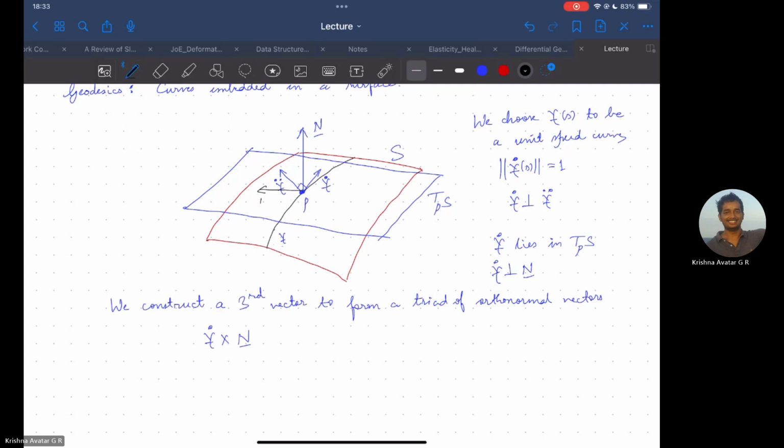Gamma dot cross n, right? And from the right-handed rule, actually it so happens that we generally tend to write it in this fashion, n cross gamma vector dot.